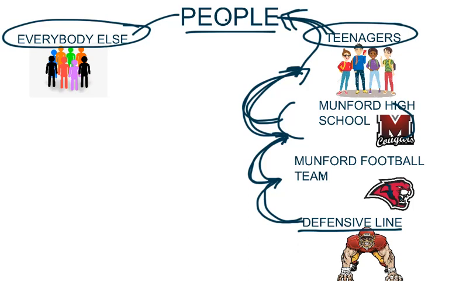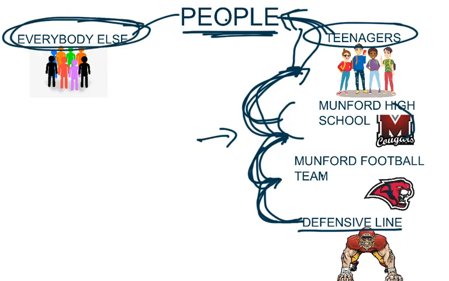No. So all of these going up are part of the one above it. Going down, you get into separate categories. So all of these are people, and then over here we have everybody else.